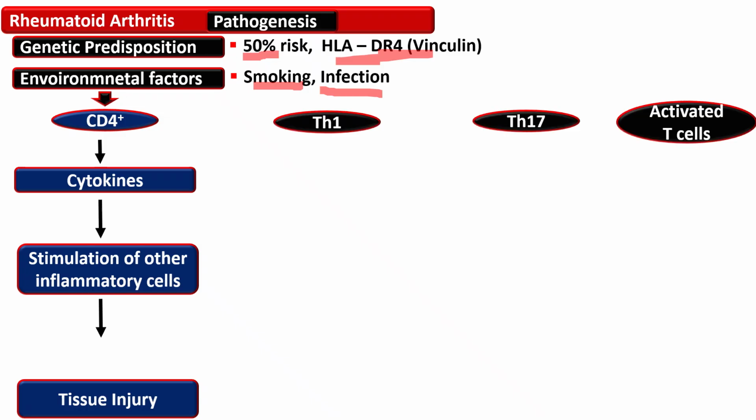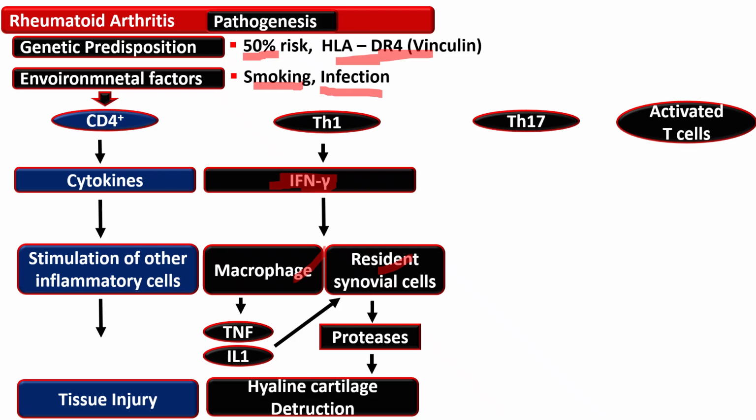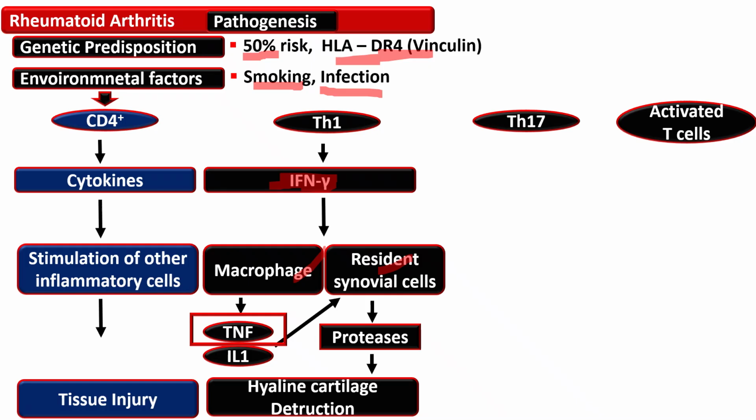They secrete gamma interferon, and they act on macrophages and resident synovial cells. Due to their effect there is secretion of TNF and interleukin-1 from the macrophages, and these in turn act on resident synovial cells.